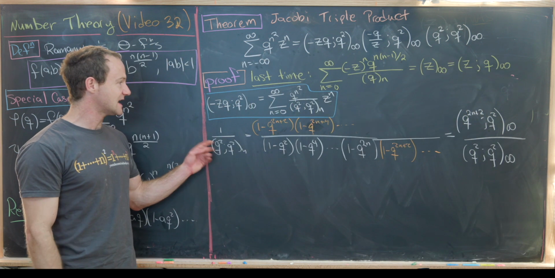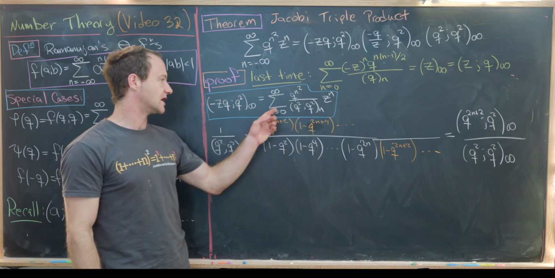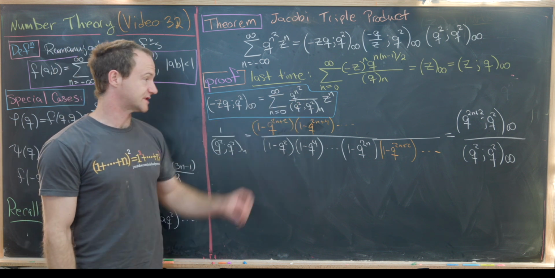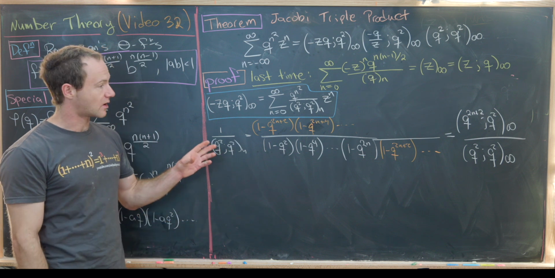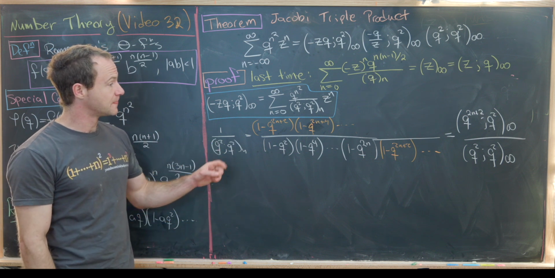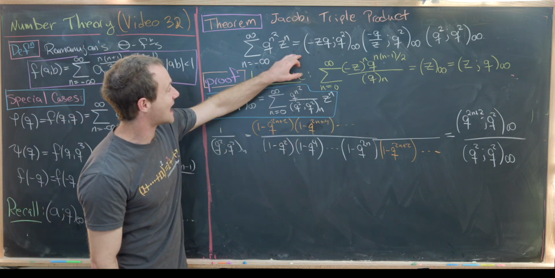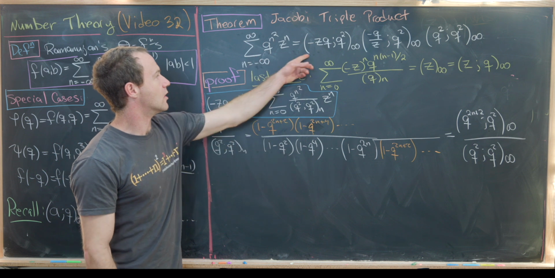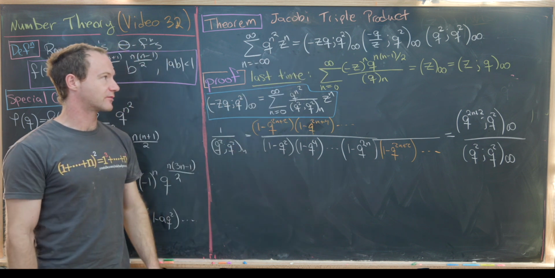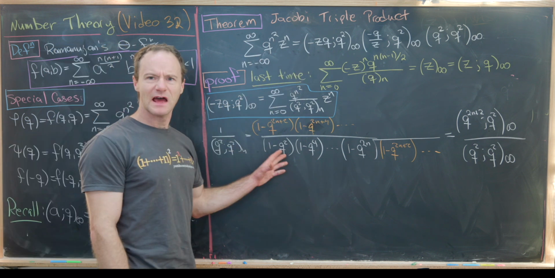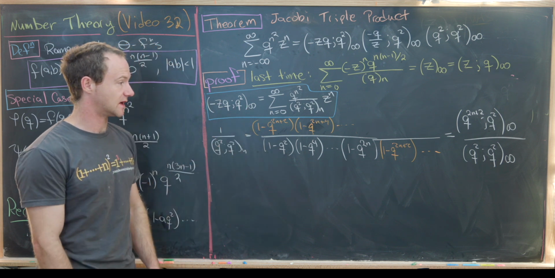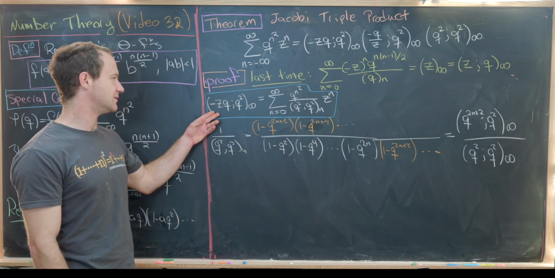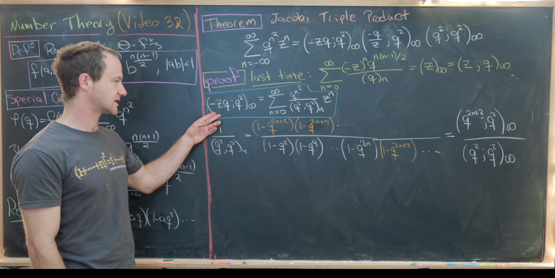Great, so we've taken this denominator right here, which is in our blue sum, and written it as two infinite products, which is good because that's exactly what we want over here. We want 3 infinite products over on the right-hand side. Now, let's look at how this can be applied to what we have in our blue box. Let's notice how this identity can be applied to what we have in our blue box.